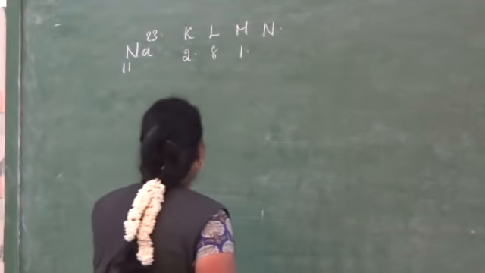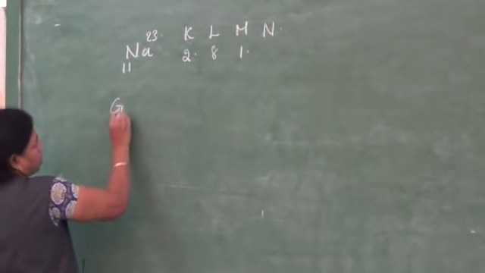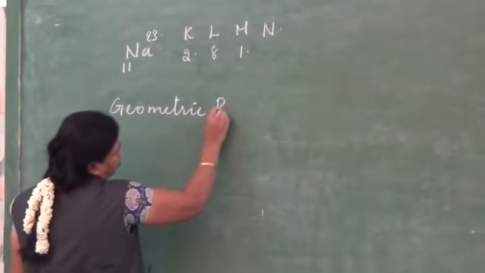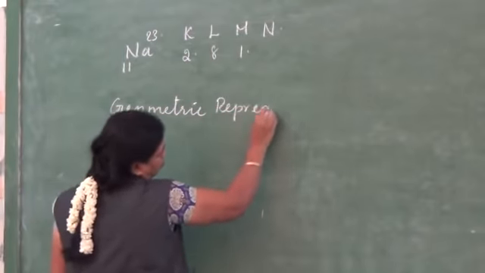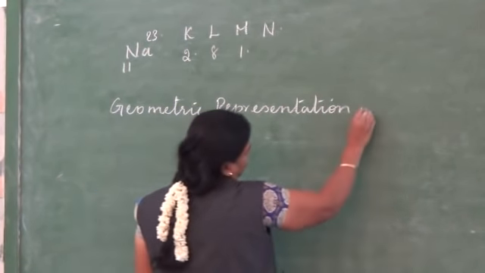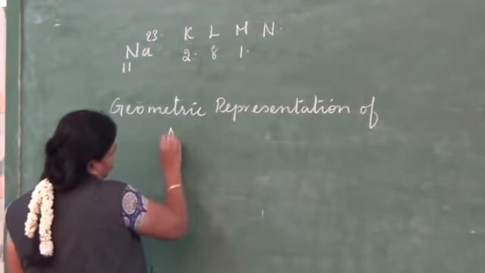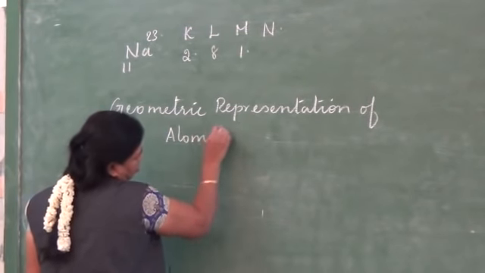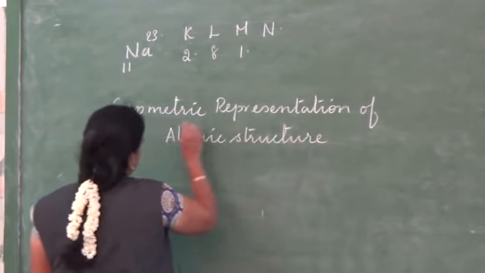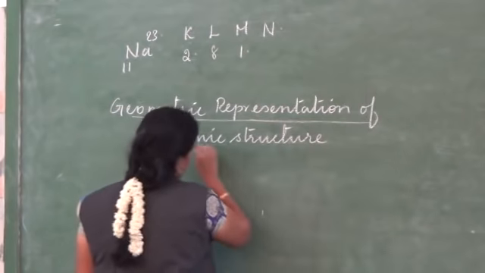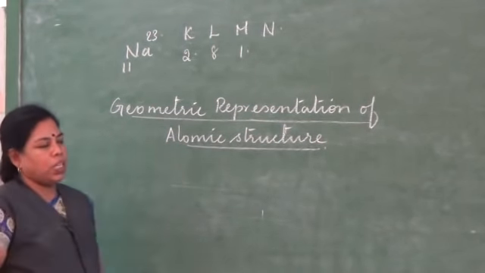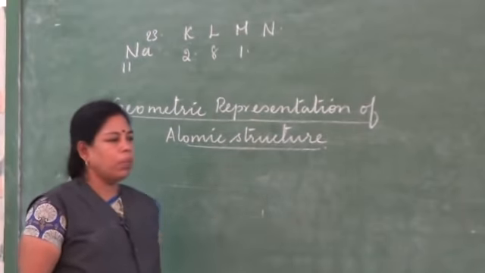Now let us see the geometric representation of atomic structure. For writing the geometric representation, we need the atomic number and mass number.